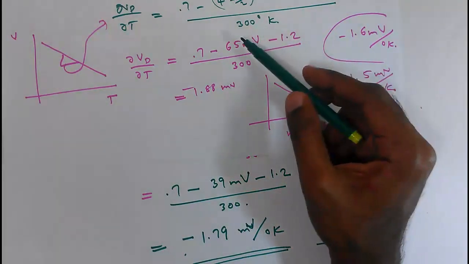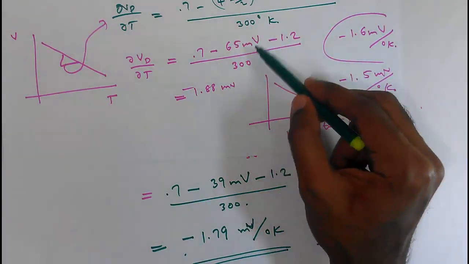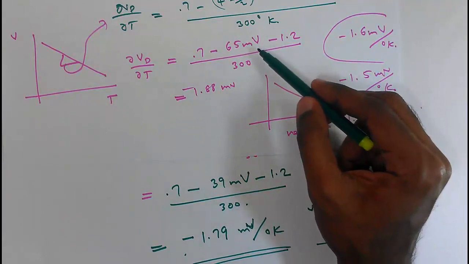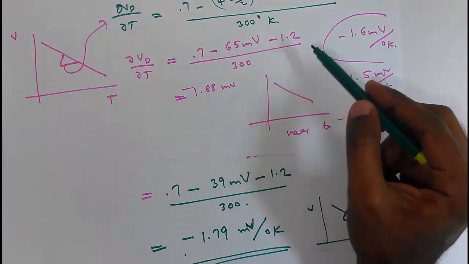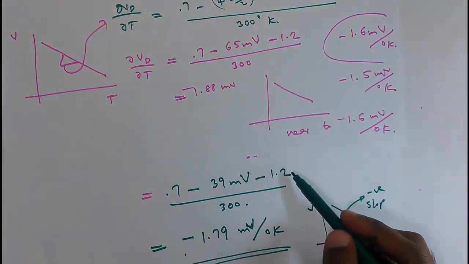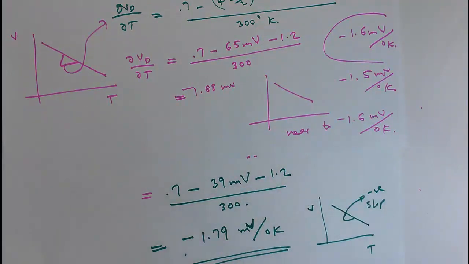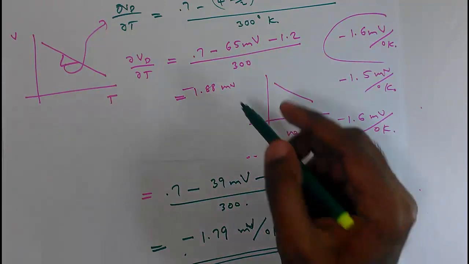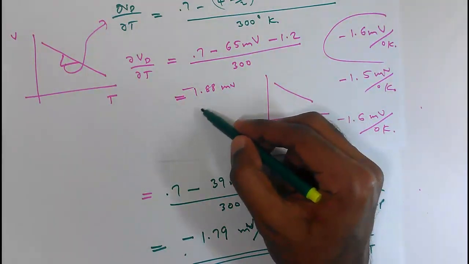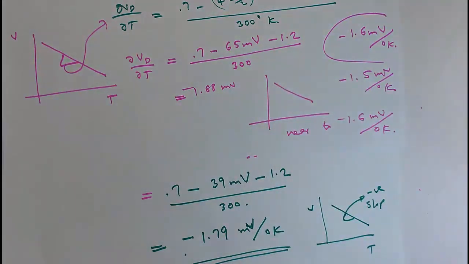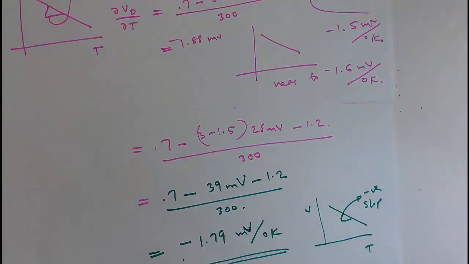When we derived this expression itself, we said the middle term doesn't have much significance because that is in millivolt. And here also the difference is only in the middle term, so there is only some millivolt range of difference. Here the slope we got as minus 1.88 millivolt, and here the slope we got minus 1.79 millivolt. So there is not very much difference even if the current is a PTAT.